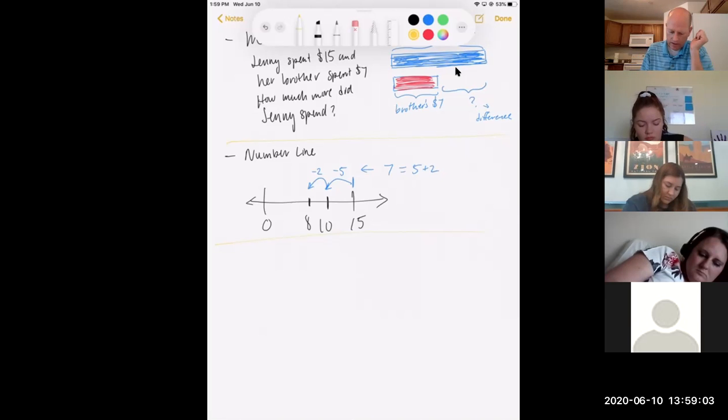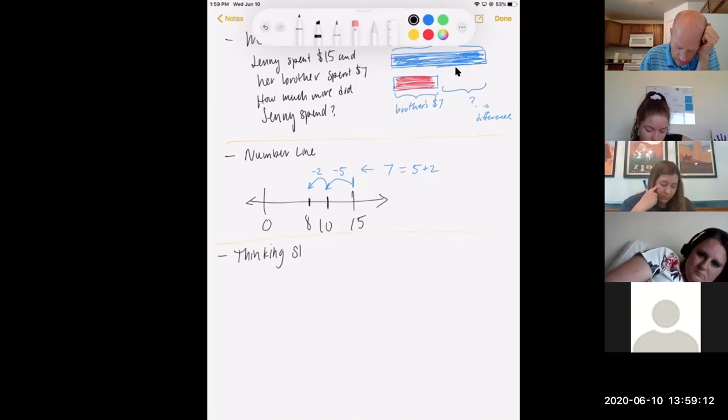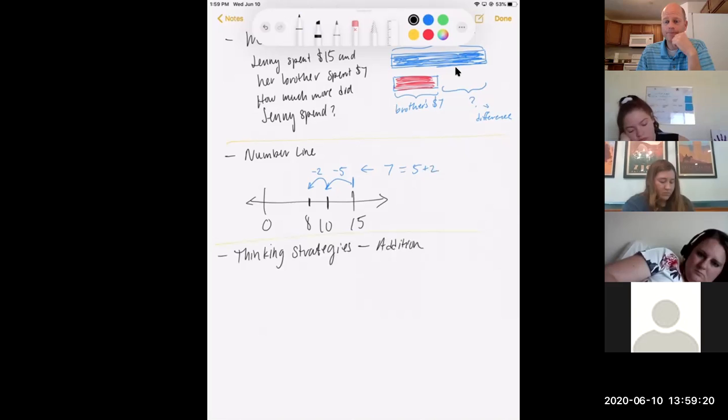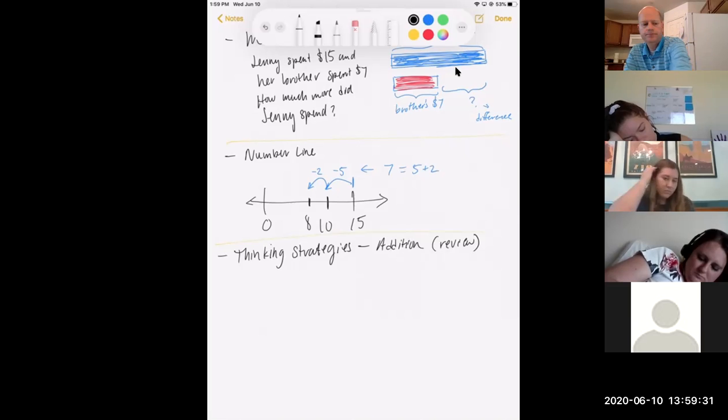All right, so now we're going to get into thinking strategies. Any questions on the models? Okay. For the addition, we're going to start with addition for thinking strategies just to review. And there are similar strategies for subtraction that we'll go over.